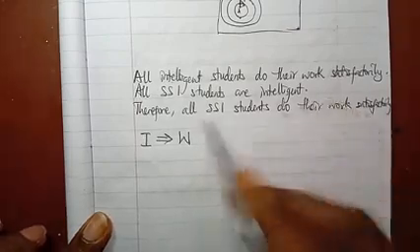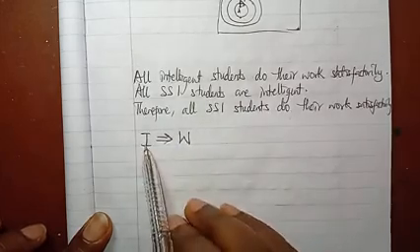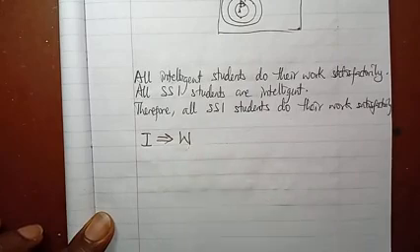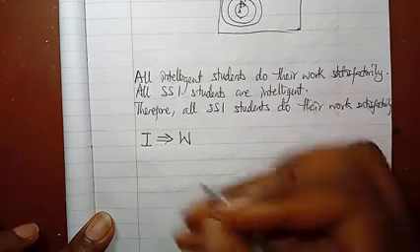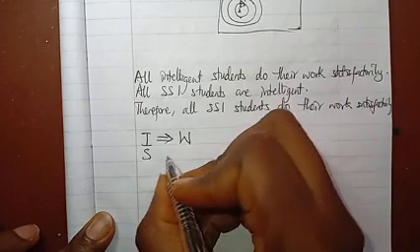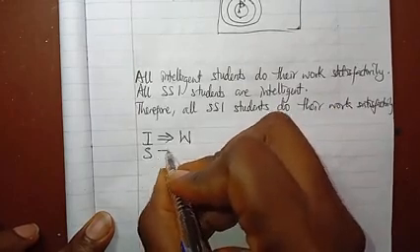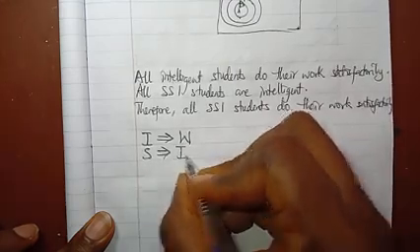I know we could use S, but there are SS1 students here. If you're intelligent, it implies that you do satisfactory work. All SS1 students are intelligent. So let's use S for SS1 students. SS1 students imply that they are intelligent.